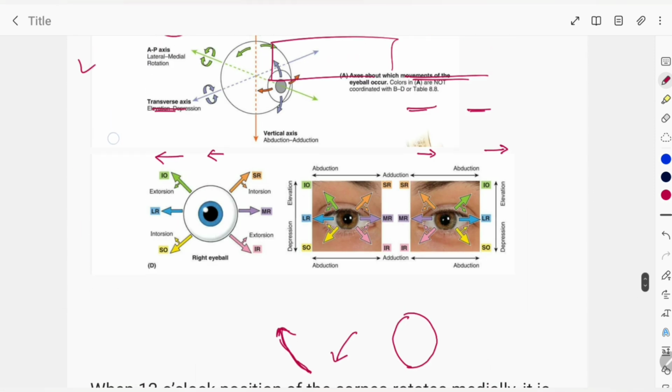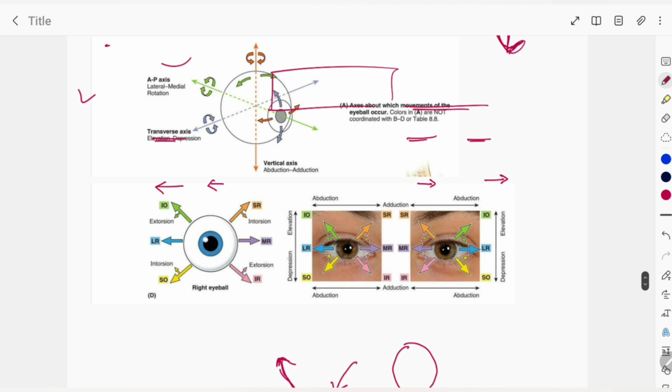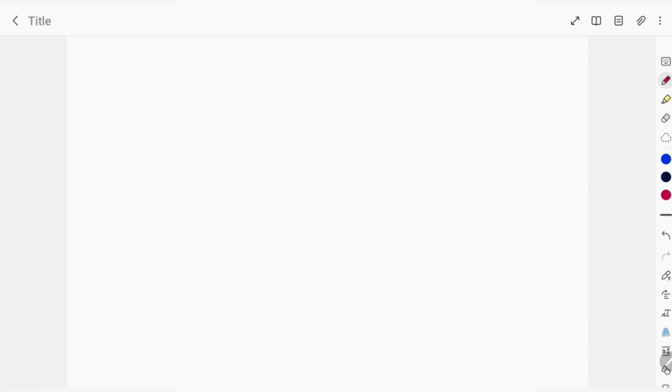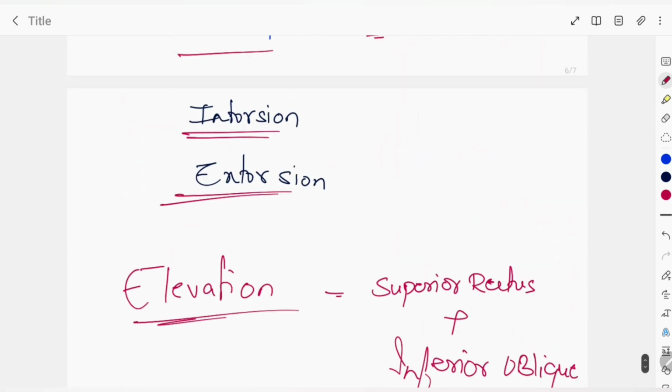So this is all the action of the extraocular muscles, for elevation, depression, adduction or abduction. So we have discussed the nerve supply also, action and origin and insertion of all the extraocular muscles.